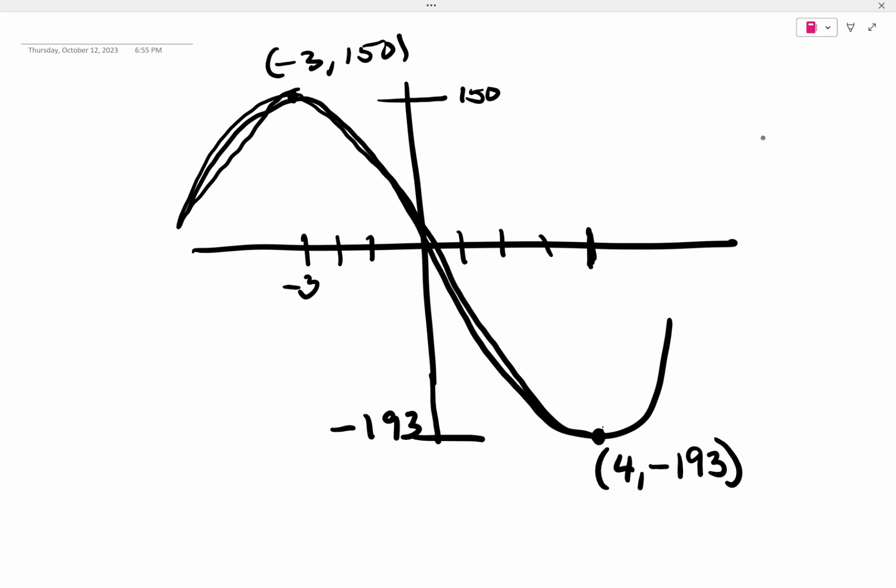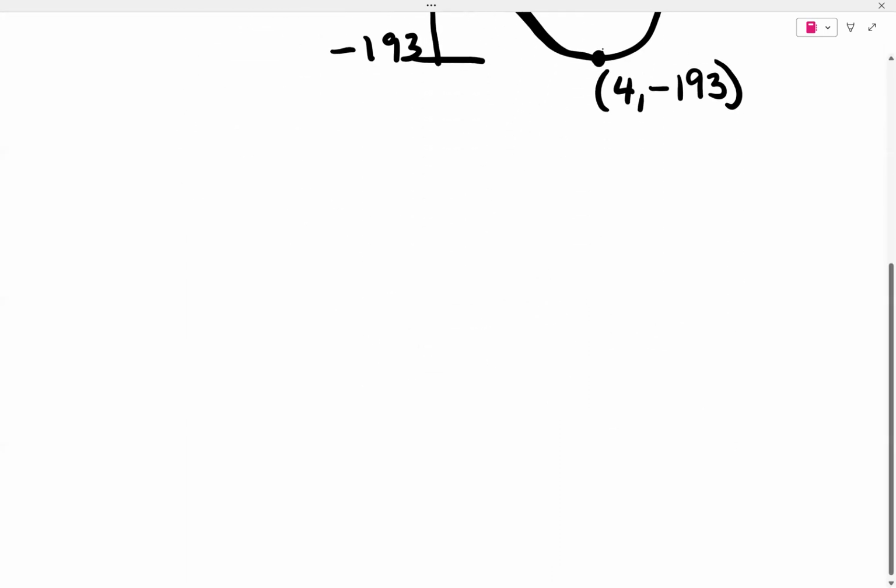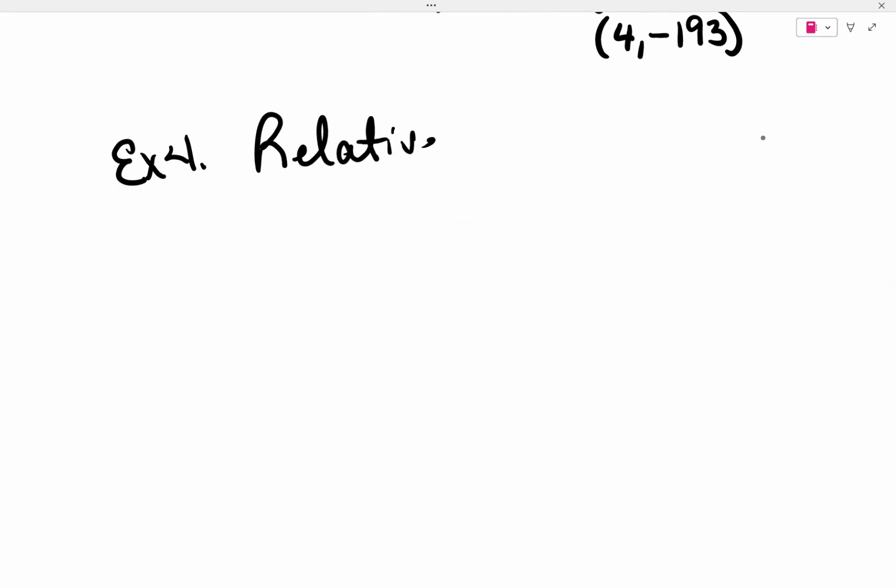Let me do one more example of relative extrema, and then I want to do a semi-word problem. So here's example 4. We're still on relative extrema. I hope you can see that this section is fairly easy.